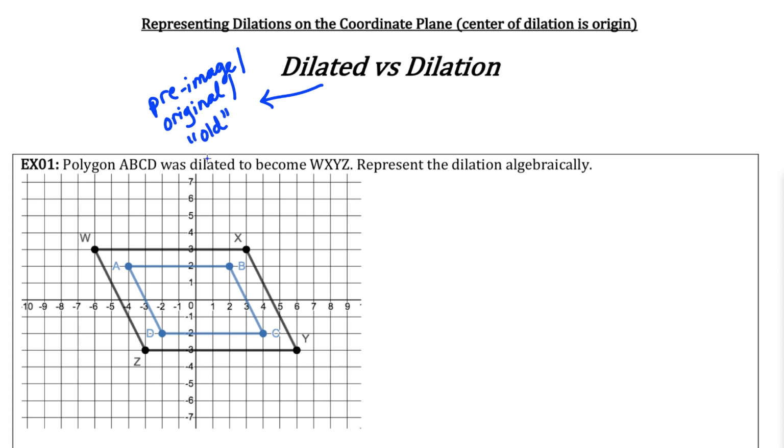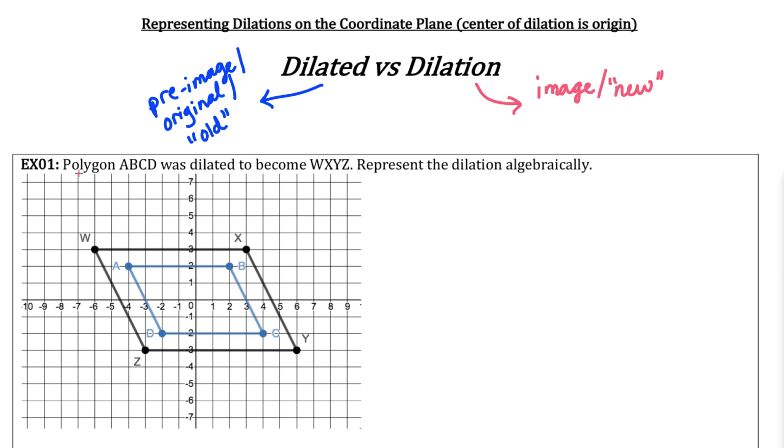You'll hear me say old a lot because I think that's easier to get the point across sometimes. And the word dilation will usually reference your image, which is your new shape.